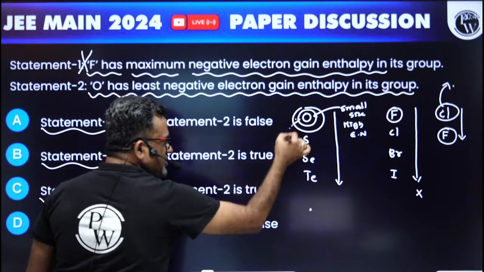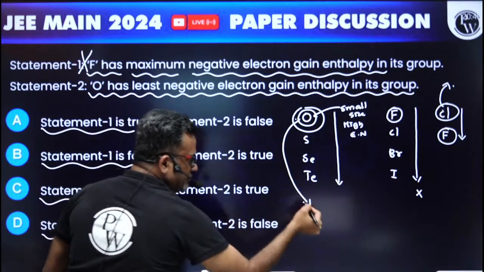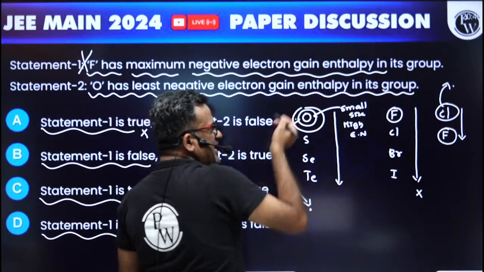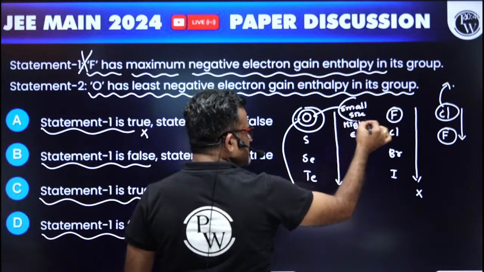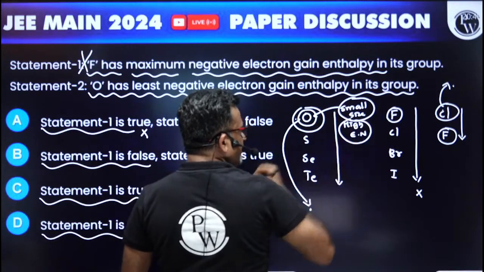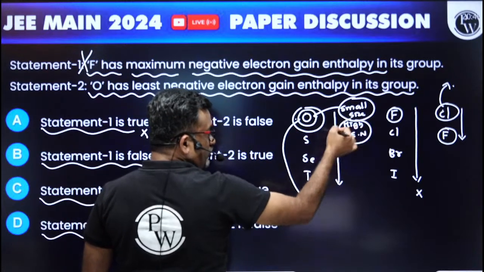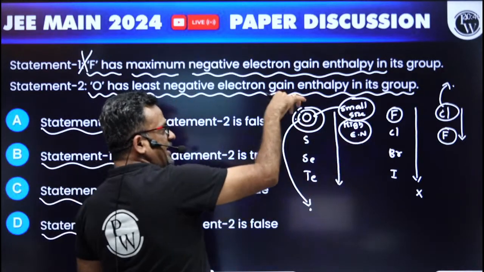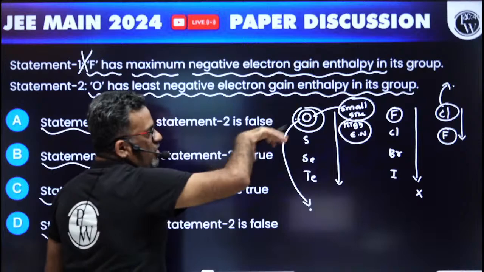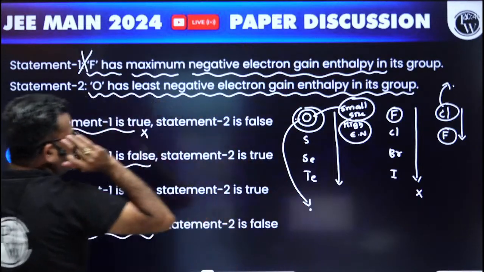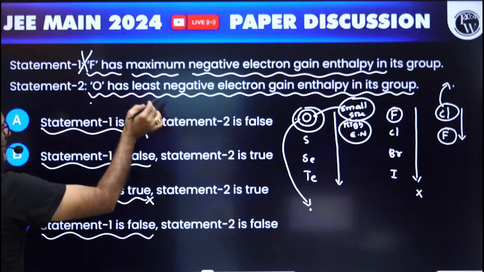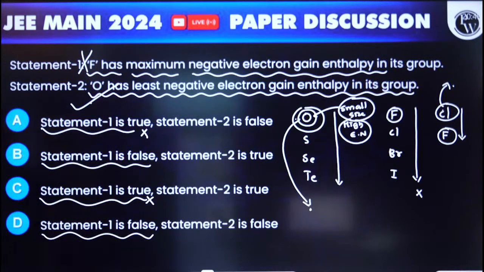Oxygen repels the added electron much more than fluorine does. Having smaller size and high electronegativity, it repels the added electron. Therefore, it will release less energy compared to all the elements. So oxygen has got the least negative electron gain enthalpy in its group.